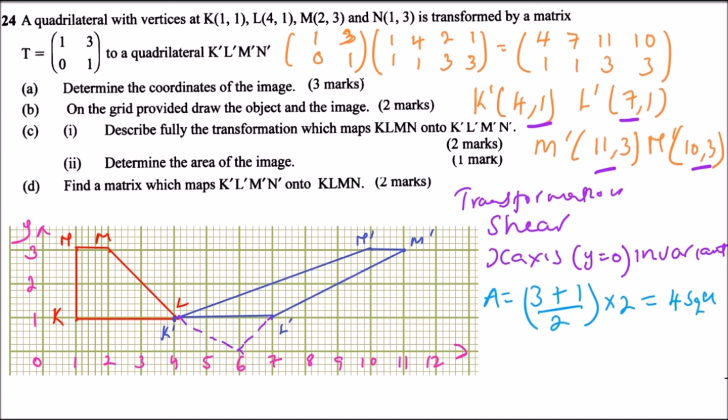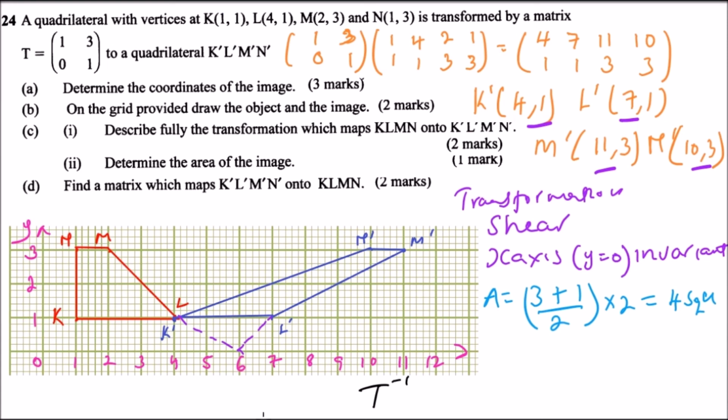Then finally, find the matrix that maps K'L'M'N' onto KLMN. So this means that we are required to find the matrix T inverse, because T inverse will reverse the process.